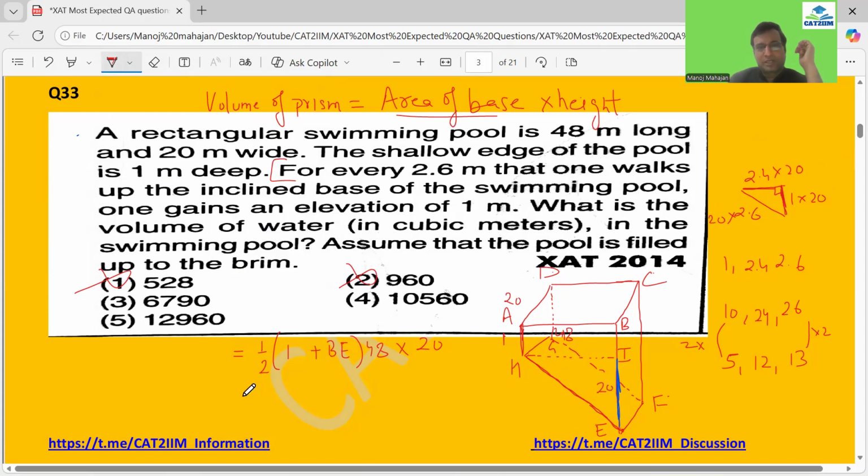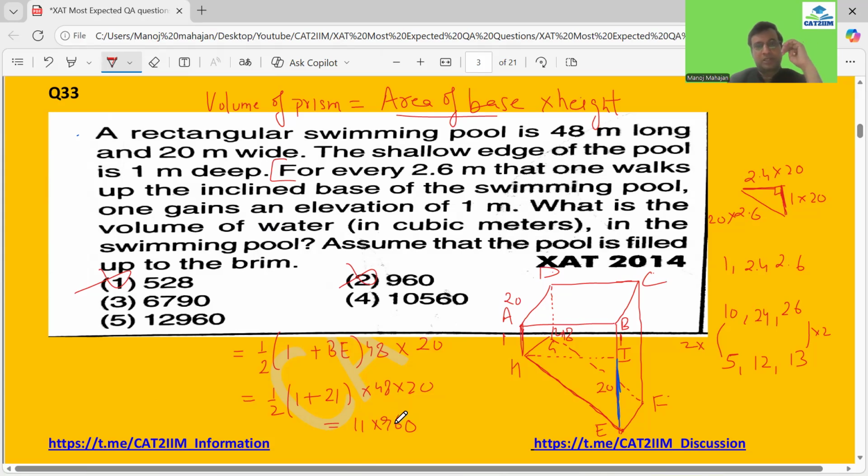So can we now get the answer? Yes. So 1 by 2, 1. What will be BE? That is 20 and 1 already, if I look from AH over here. So this would be 21 into 48 into 20. So 22 by 2 is what? 11, and this is what? 960.